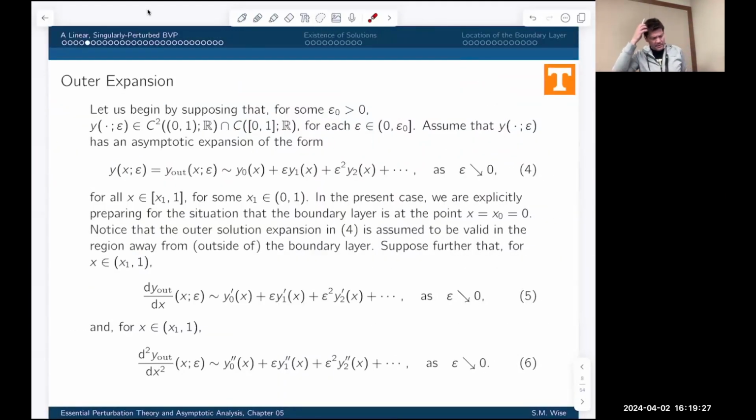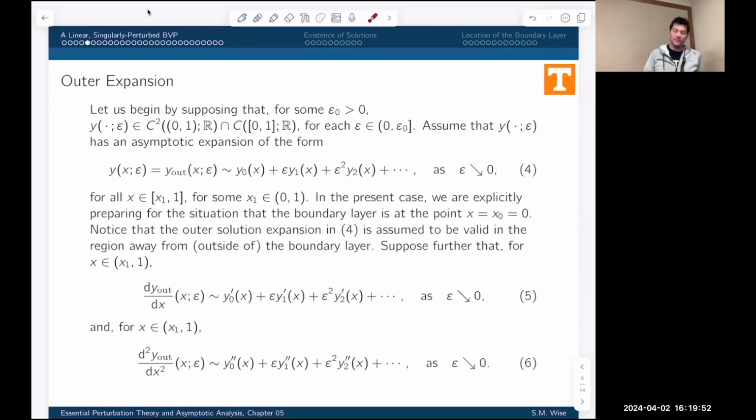For the outer area, we're going to have something called the outer solution or the outer expansion. The outer solution is going to be active away from the boundary region. And so we're going to denote that region by x1 up to 1, where x1 is some number, we don't know what it is, between 0 and 1.